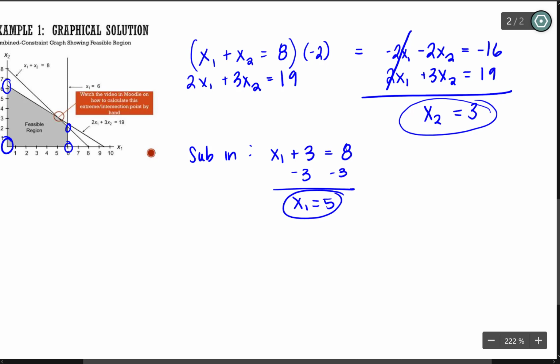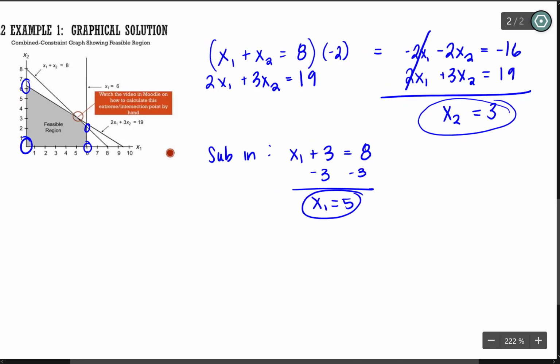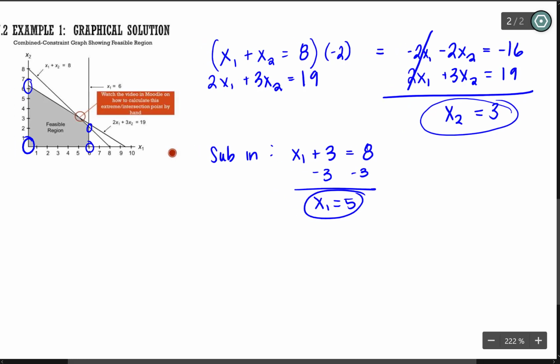So I know x1 equals 5, x2 equals 3. If I take a look back at our coordinate system, x1 is in the horizontal direction, x2 is in the vertical direction. So the point that these two coordinates make up is 5, 3. And if we follow along the graph, if we go over to 5 and up 3, it looks like it gets us to that point as well.